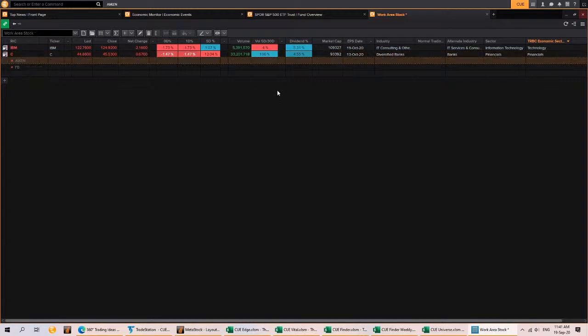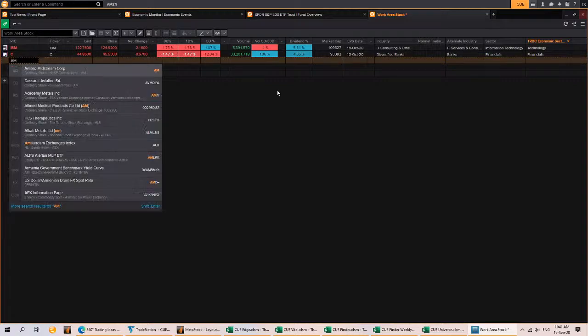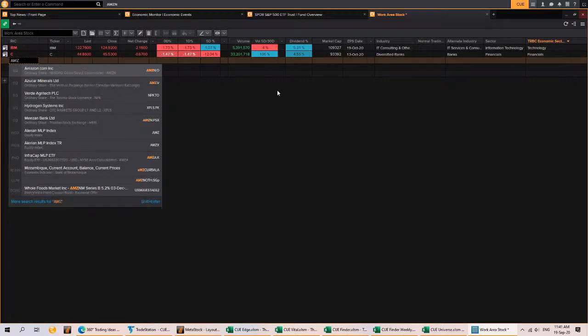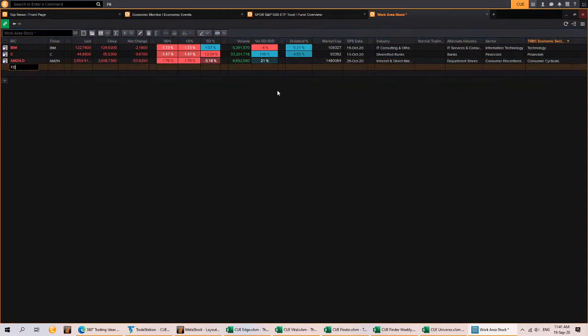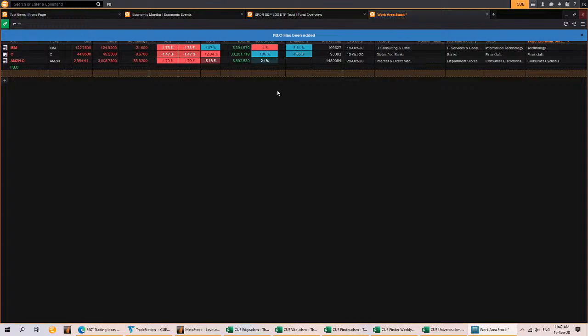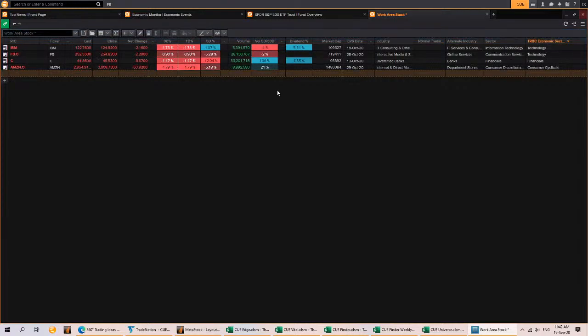So I only need to find the Reuters symbols for Amazon. I start typing AMZN, and the moment I see the stock, I click enter, and same again for Facebook. That's how I convert the list from ticker symbol to Zenith code.